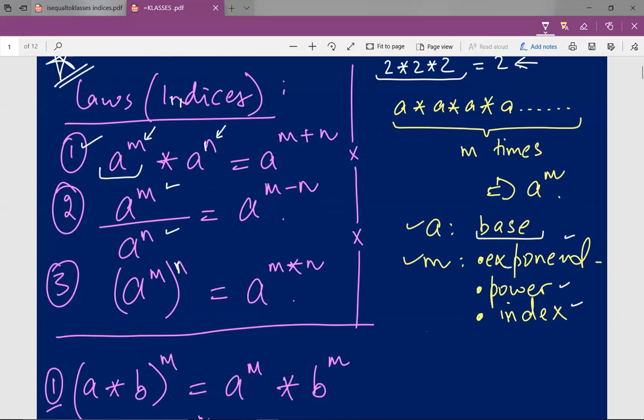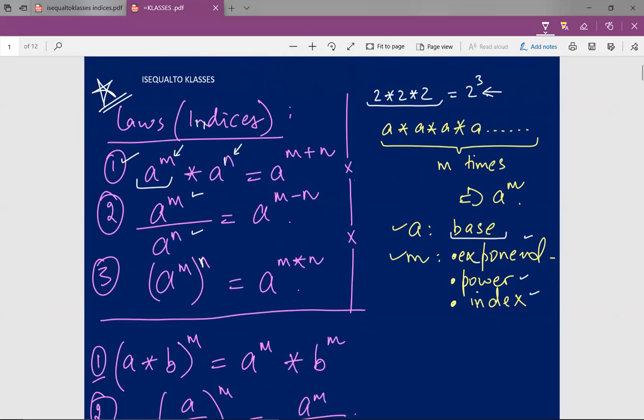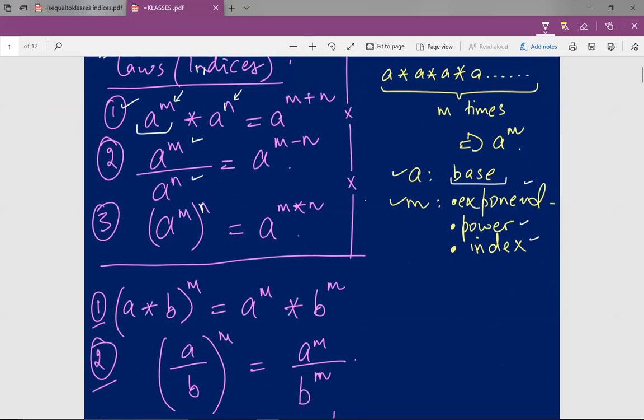Okay. Now let us compare this with this. Now what you need to understand is that here it is a raised to power m and a raised to power n. So this is an example like 2 raised to power 3 into 2 raised to power 5. But here it is a raised to power m into b raised to power n. So an example of this would be, say, 2 raised to power 3 into 5 raised to power 3.